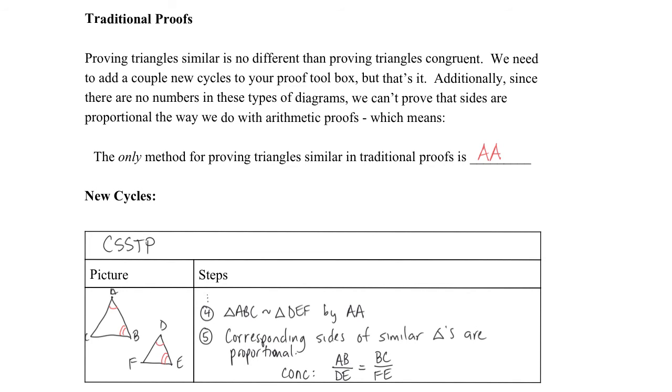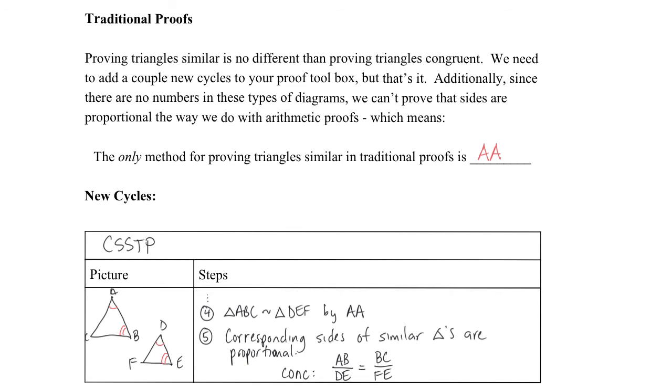Most of the similar triangle proofs that you're going to do, they actually stop here. But once in a while, they ask you to prove this proportion. When you do that, you prove that the two triangles are similar, and then your next step, always the next step, is corresponding sides of similar triangles are proportional.